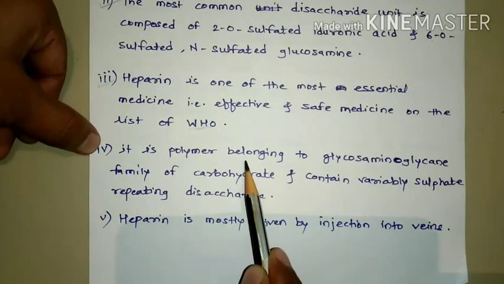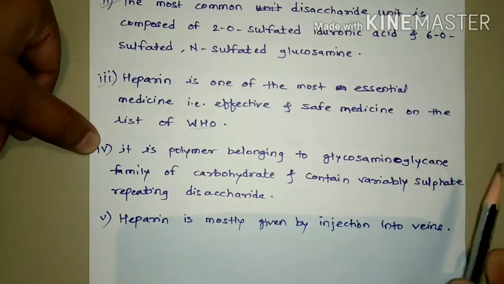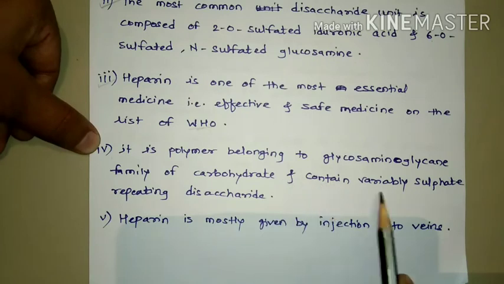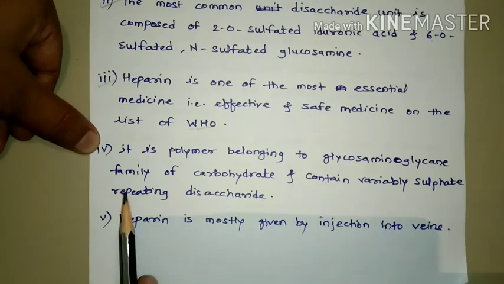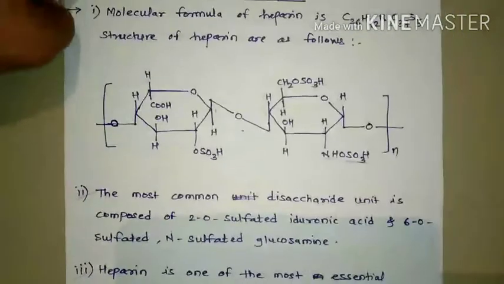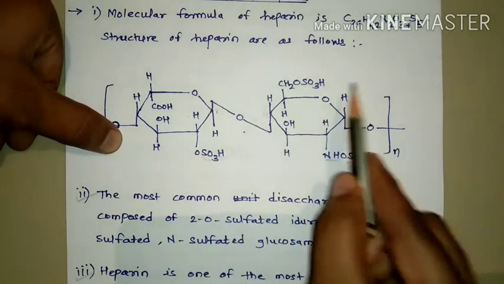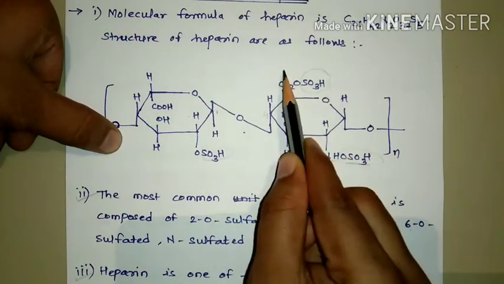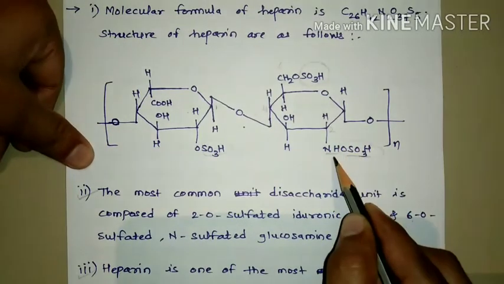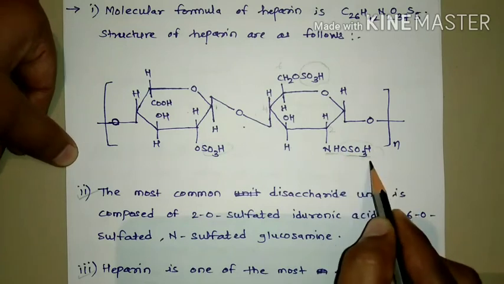Then it is a polymer belonging to the glucosaminoglycan family of carbohydrates and contains variably sulfated repeating disaccharide. Look at the unit. The first unit also contains a sulfate. In the second unit, again the 6 carbon has a sulfate group, and the second carbon is attached to NH and this NH is again attached to a sulfate.